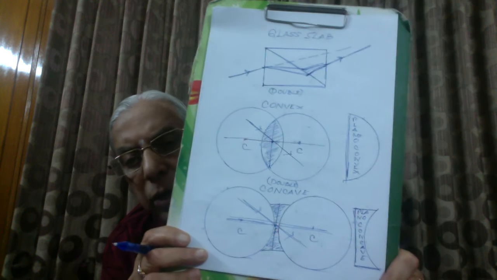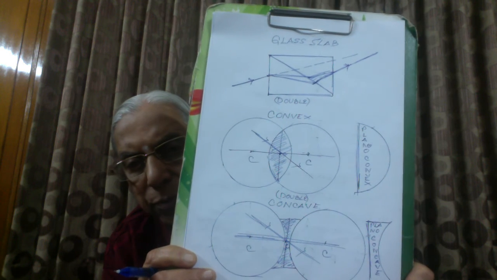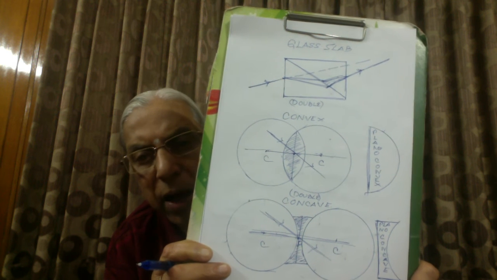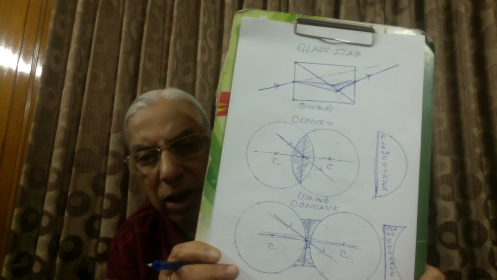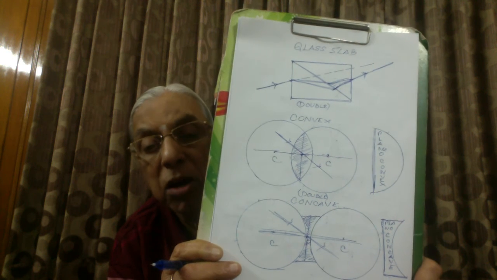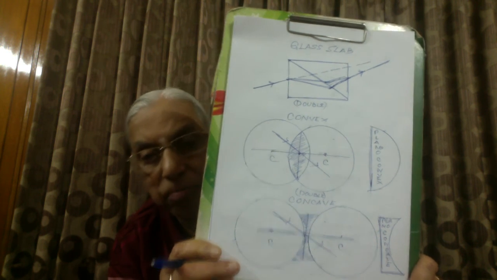Now, here you see that. The two lines I have just written here. The straight line that passes through the optic center and centers of curvature, that is referred to as what you call principal axis.